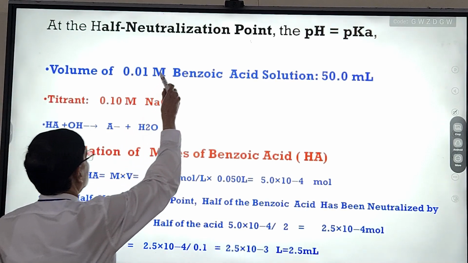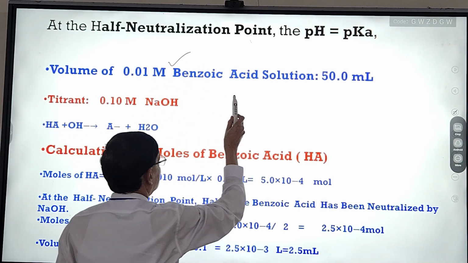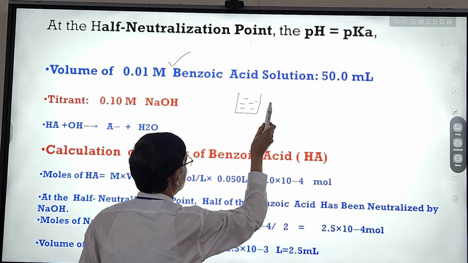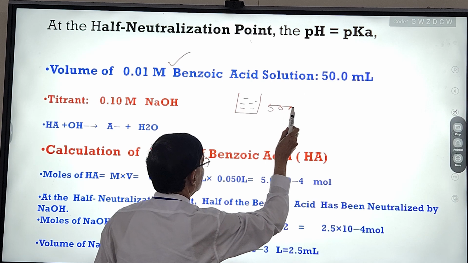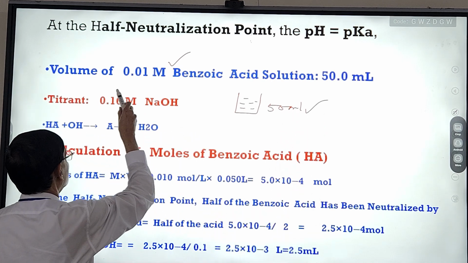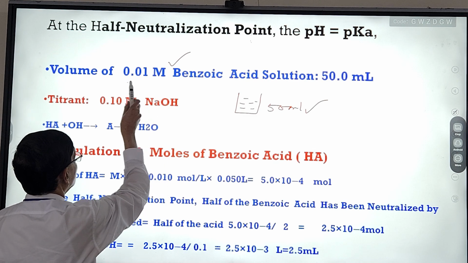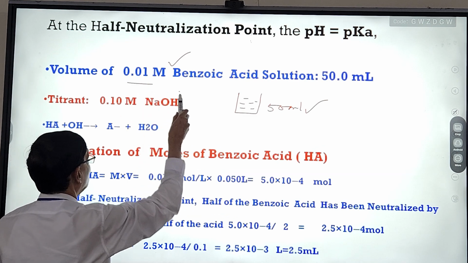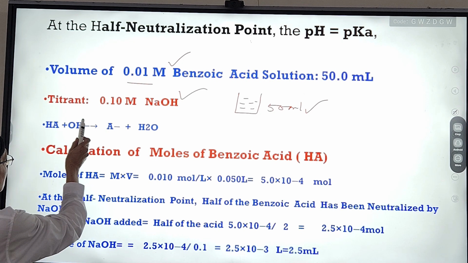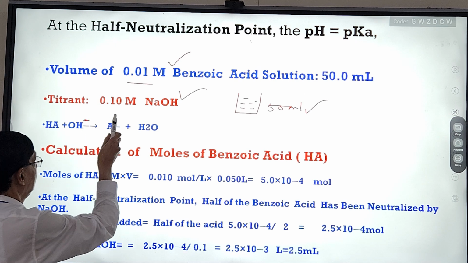Now you see, 0.01 benzoic acid, we take a beaker and take this 50 ml, and its concentration is 0.01, and our titrant is 0.1 sodium hydroxide. You know that if I take HA and sodium hydroxide 0.1, with OH, it must give A negative.